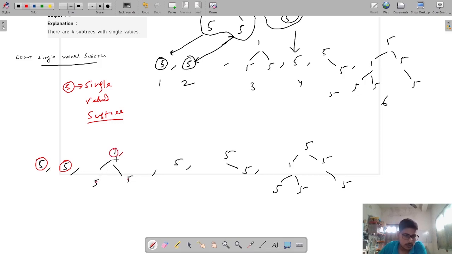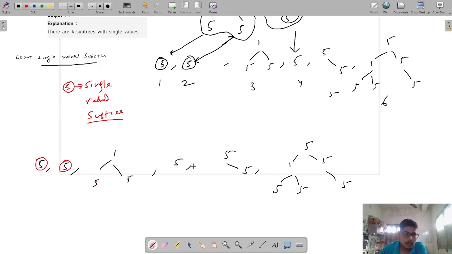So this node is not equal with this and this. If it was 5, then we can say this is a single valued subtree, but this is 1, so the value is not equal. All nodes' values must be equal. So this is not one, right? So just erasing this one.